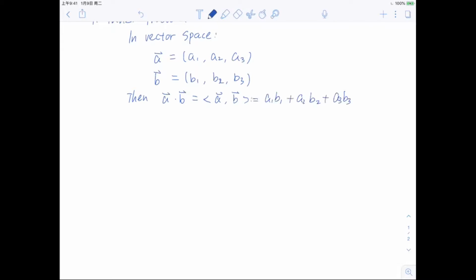And now, in functional space, we can define the inner product similarly.